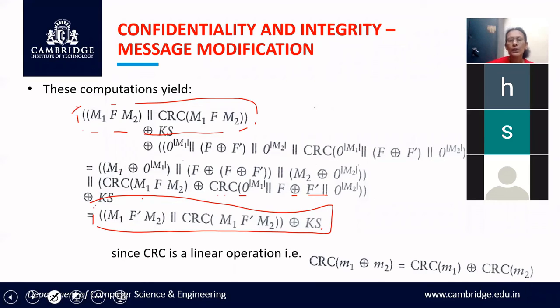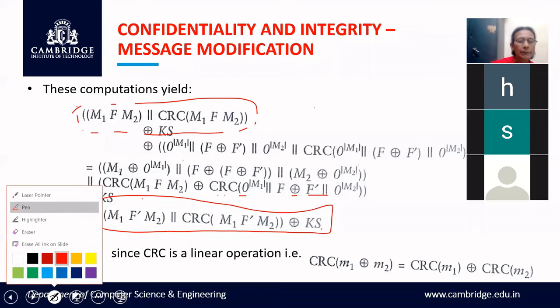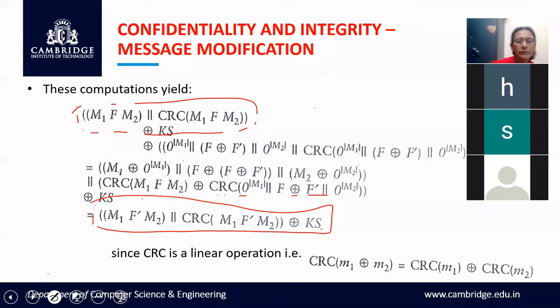Once he XORs with the key string, he will get back this message. What will he do to check for the integrity of the message? He will take this, calculate the CRC and check whether that is the same as this or not. It is obviously going to be the same because the message itself is M1 F dash M2. And so there will not be any change.